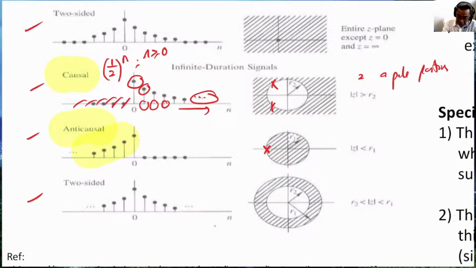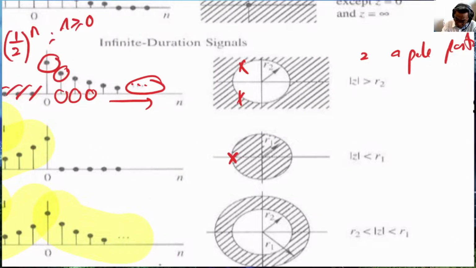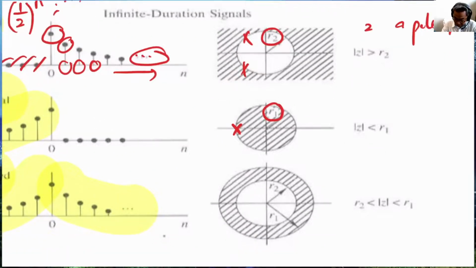Now, of course, if you have the most complicated example where you have a sequence that goes to the left hand side and the right hand side and never dies, then you would expect that you have two types of region of convergence. Let's call the top one R2 first and the bottom one R1.